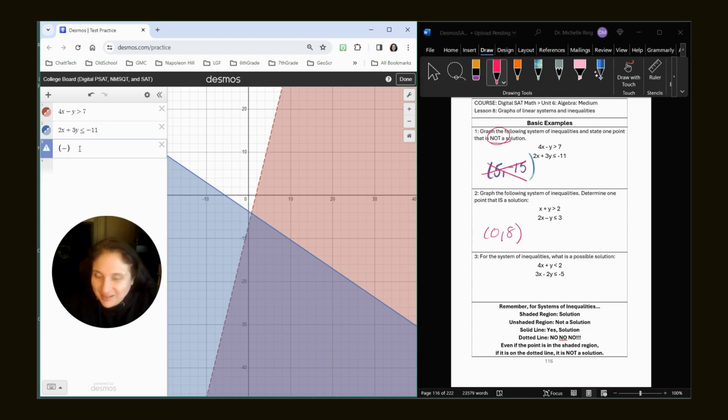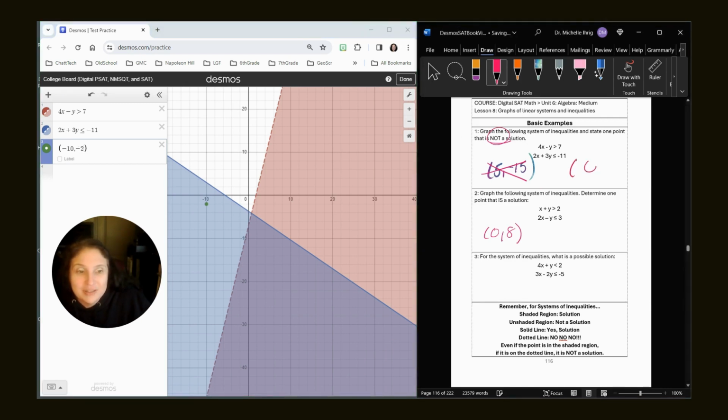How funny. -10, -2 is only in the blue. So that's not a solution. So any of the earlier stuff, we're going to do an obvious example, which will be 0, 20. Okay, that's obviously in the white area, not a solution. But in the other example, 0, 8 is the solution, simply because that was in the shaded region.